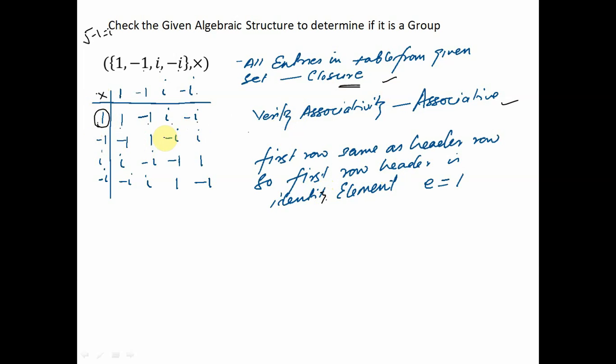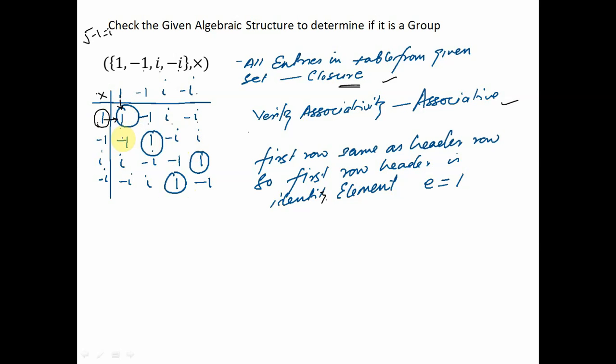Now for finding the inverse elements, again we have an easy method. I have identified 1 as the identity element, so we will mark 1 in this composition table. Wherever I have marked 1, it is on the intersection of a row and a column.